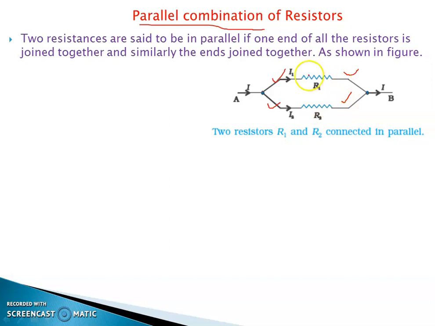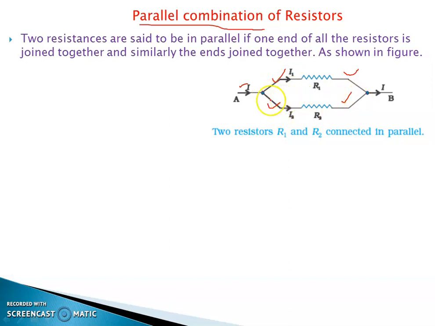This assembly is called parallel combination. Now see, here the current I flowing in the wire divides into two parts, I1 and I2. These currents may be similar or different. If the values of these resistances are equal, then the currents will be equal. But if the resistances are different, then the currents will be different.